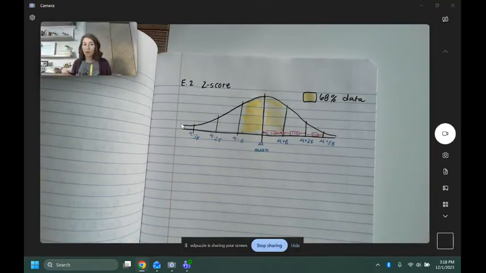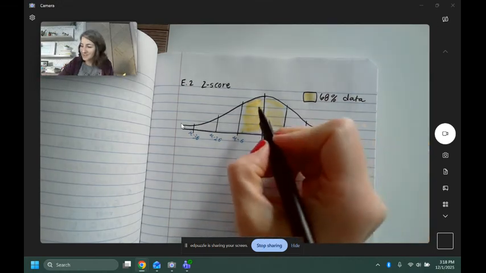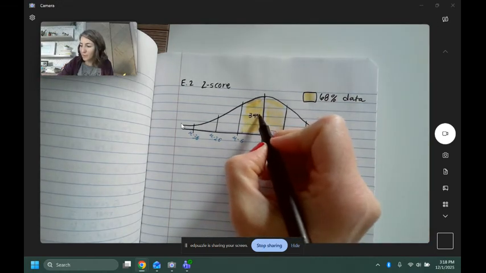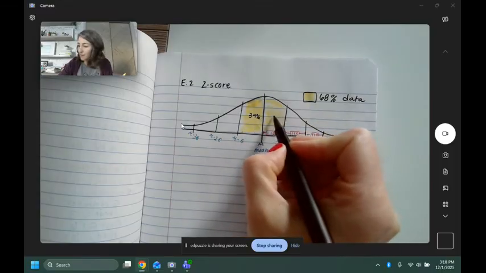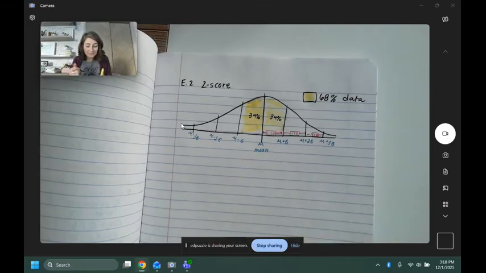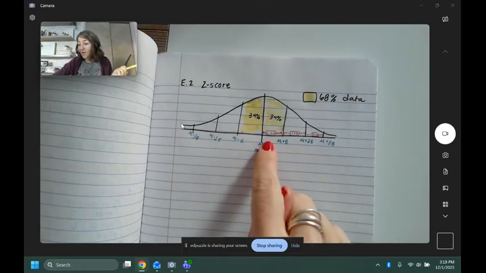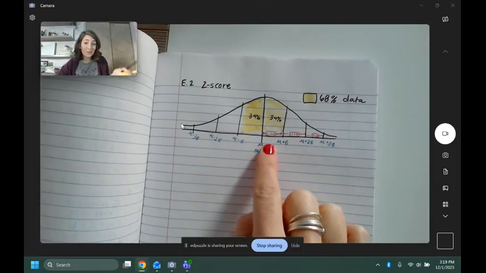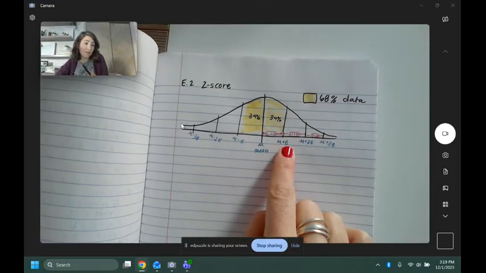So if I were to divide that in half, there's going to be 34% over here, and 34% of all the data is going to be over there. That's where your data is. So I can say 34% is between the mean and one standard deviation above.